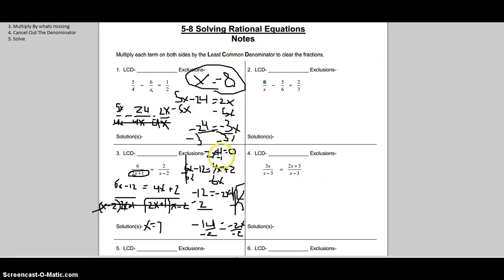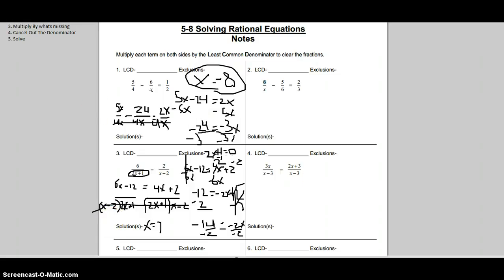Then you subtract 1, 2x equals negative 1.